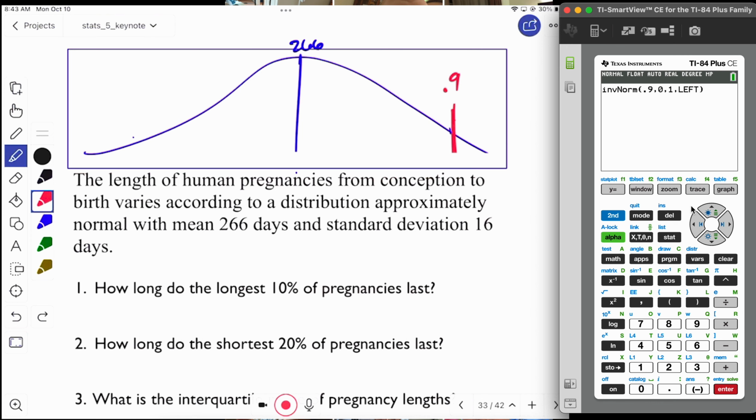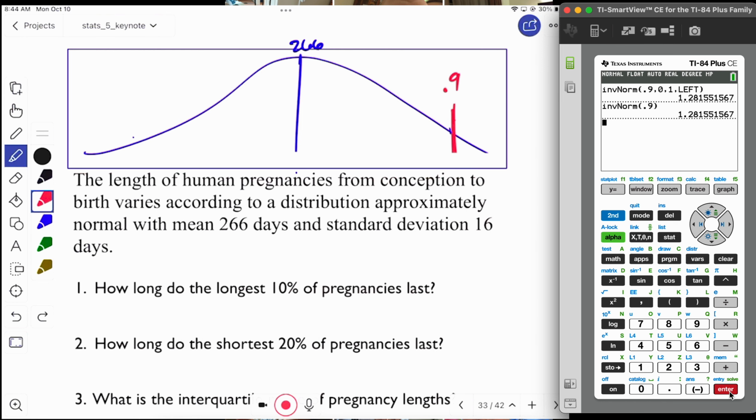If you're using the TI-83, I think all you need is to press inverse normal, a parenthesis will open, just put 0.9 and close the parenthesis, and it should give you this value. And I'm just going to see if this will let me do that here. If I close all of these and I delete this comma, yep, yeah.